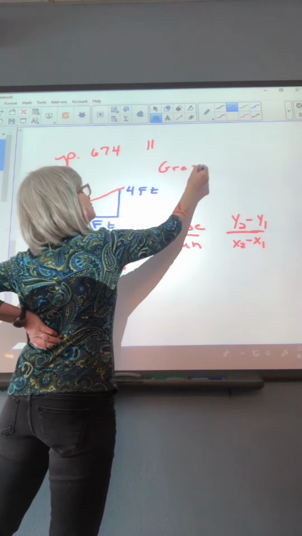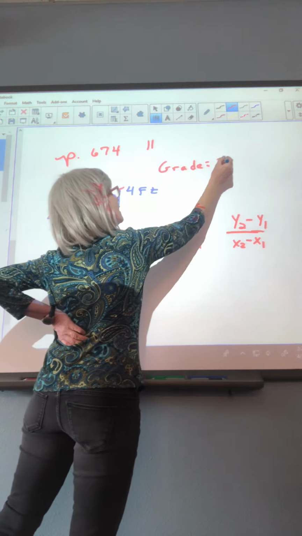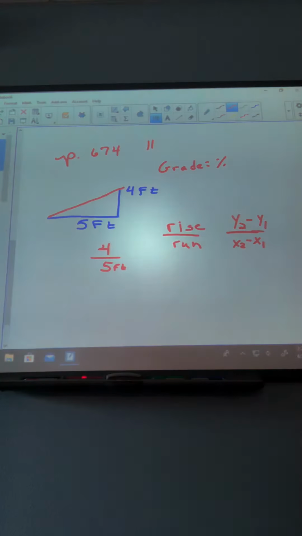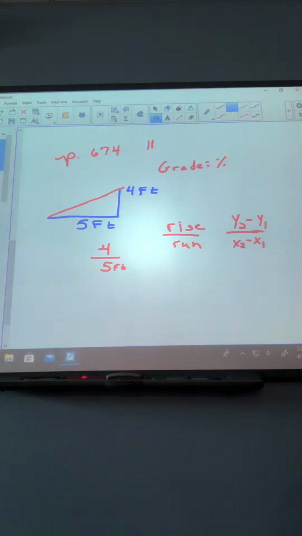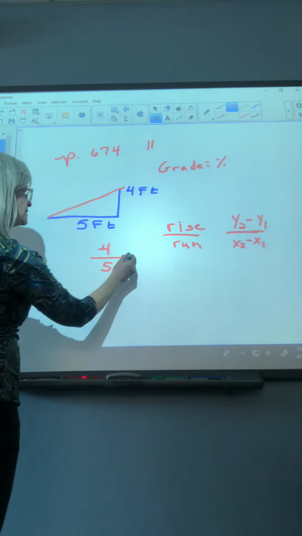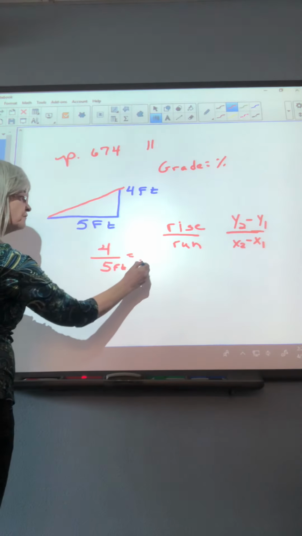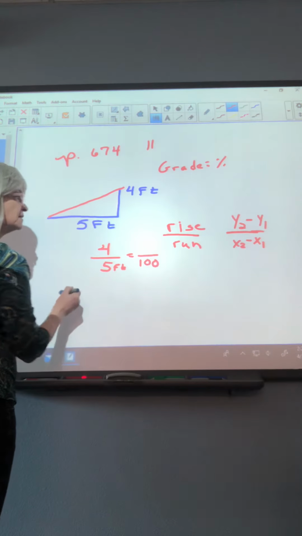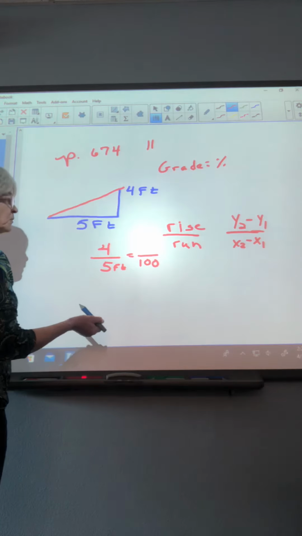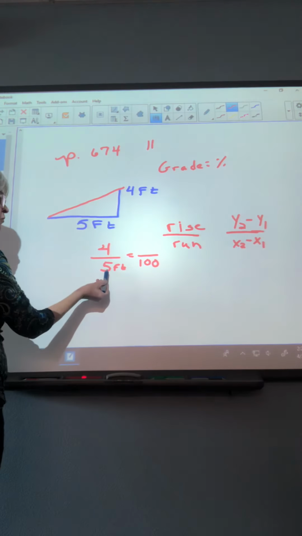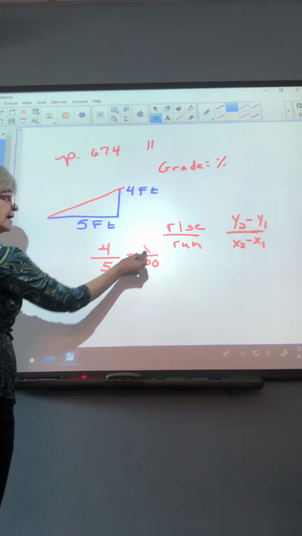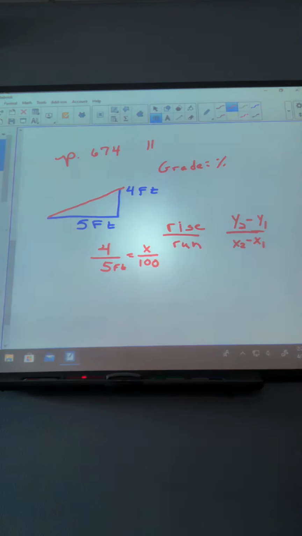So when you're looking for grade, you're asking to find what's the percent of the slope? What's the percentage? And so basically you're just going to change 4/5 into a percent. So you could do this as a proportion pretty easily, because you could put the 4 over 5 is equal to x over 100, x being the percent.